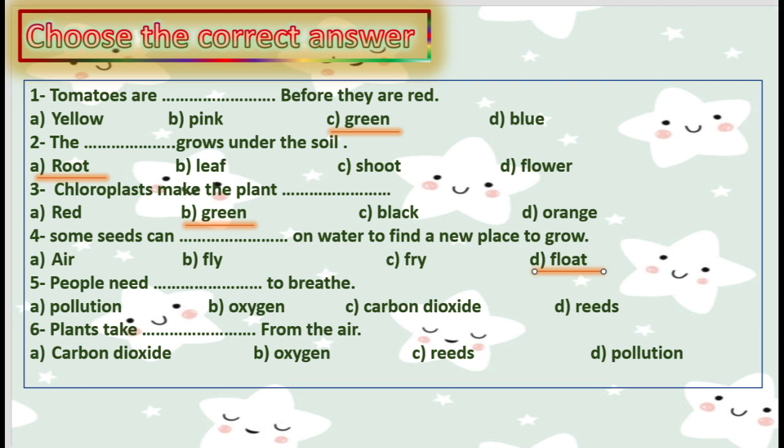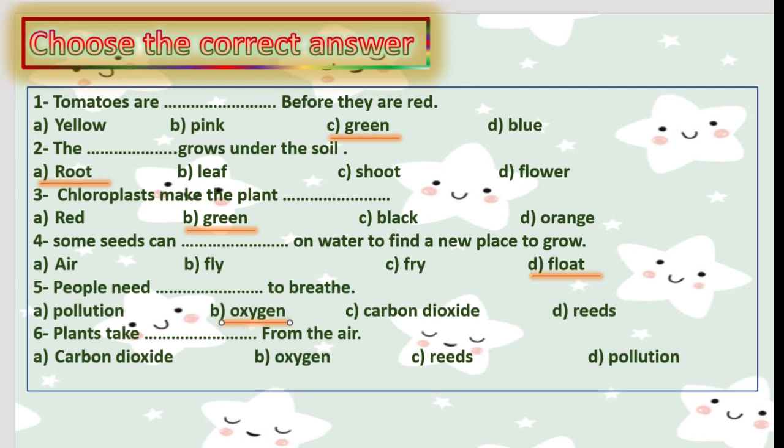Number 5, people need pollution, oxygen, carbon dioxide, reeds to breathe. Oxygen. Number 6, plants take carbon dioxide, oxygen, reeds pollution from the air.